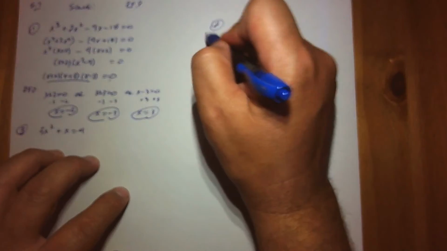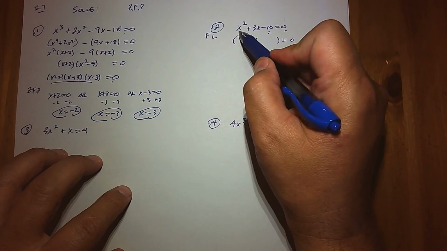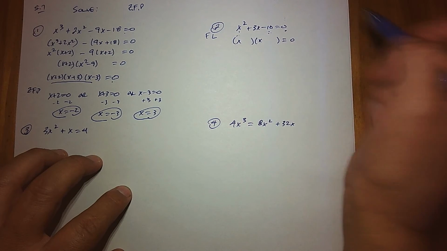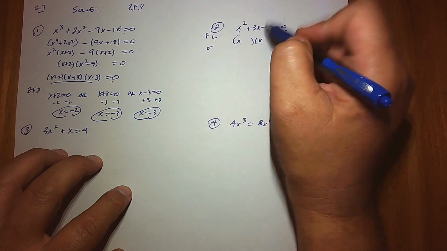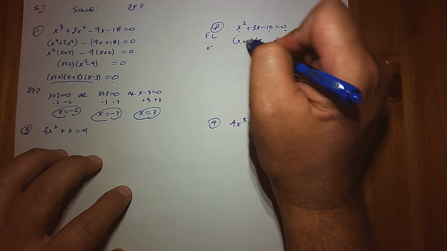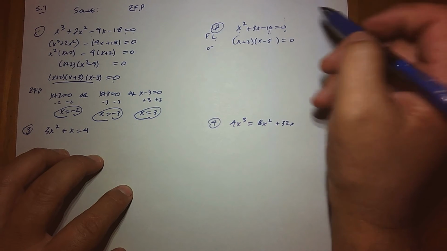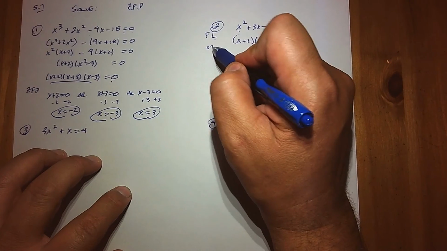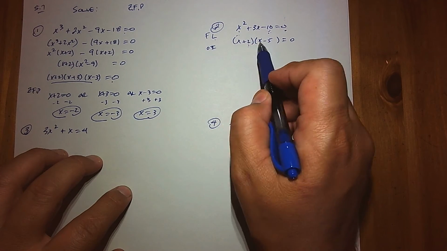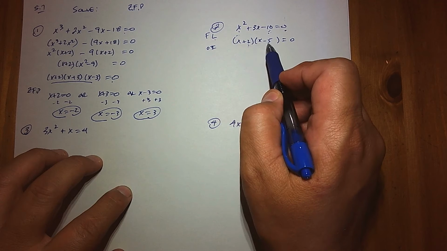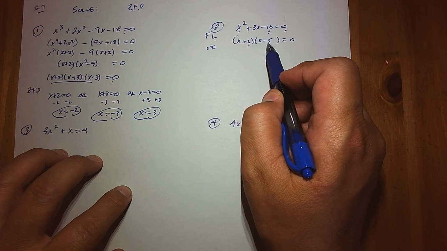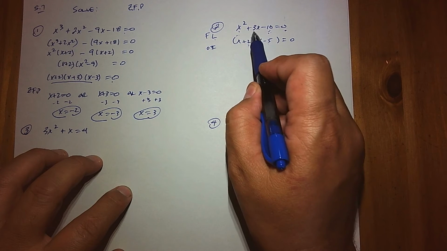So for my F and my L, to get the first, that's x and x. And to get the last, negative 10, how about we use plus 2 and minus 5? And if we check this, we get a positive 2x and a negative 5x. So good news and bad news: we get a 3, but it's a negative 3.